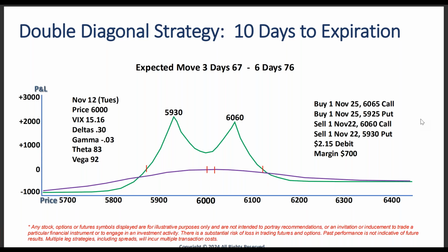And then I'm going to buy 3 days further out the NOV 25 calls, 60.65, 5 points further out of the money. On the downside, I'm selling the 59.30 puts, and I'm going to go 3 days further out than the NOV 22, buy the NOV 25, 59.25 puts, 5 points out of the money.